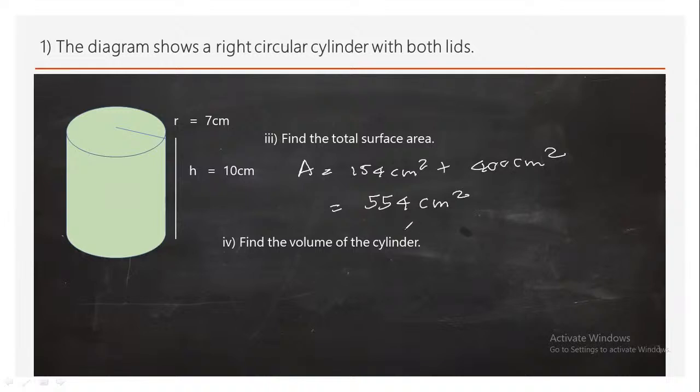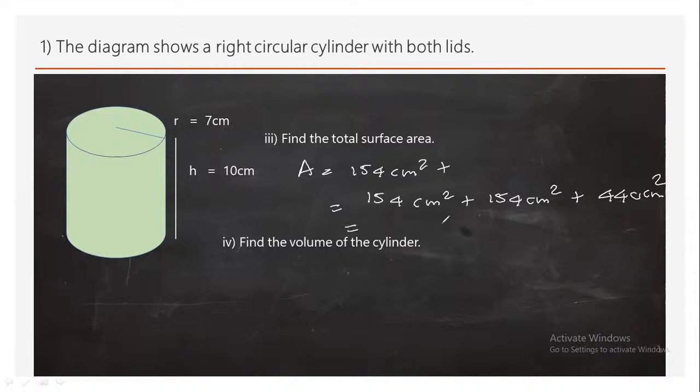Sorry, there are two lids there, no? Pi r squared means we got one lid, right? Then how many lids do we have? Two, base and lid are there, right? Then we have to write 154 square centimeter, 154 square centimeter, plus we got 440.